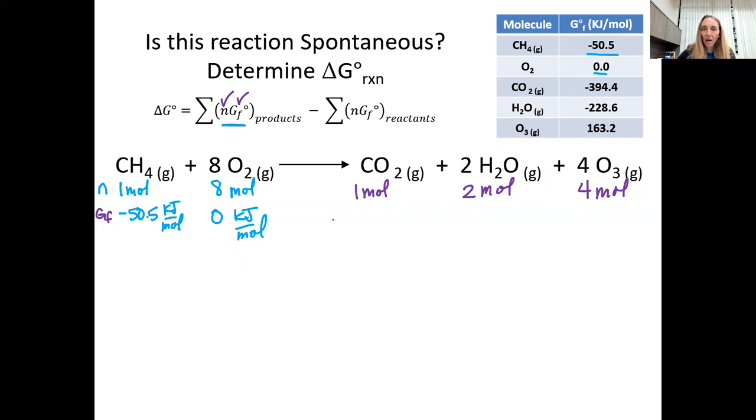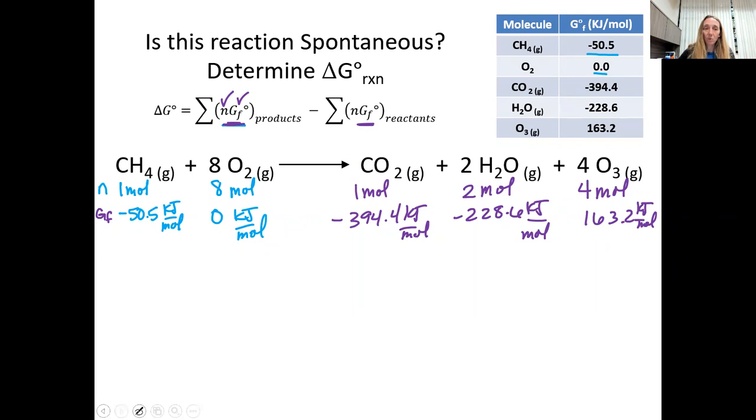For CO2, I have negative 394.4 kilojoules per mole. H2O, I have negative 228.6 kilojoules per mole. And for ozone, I have 163.2 kilojoules per mole. Okay, so I've written my number of moles, and I've written my GF values for both the products and the reactants.